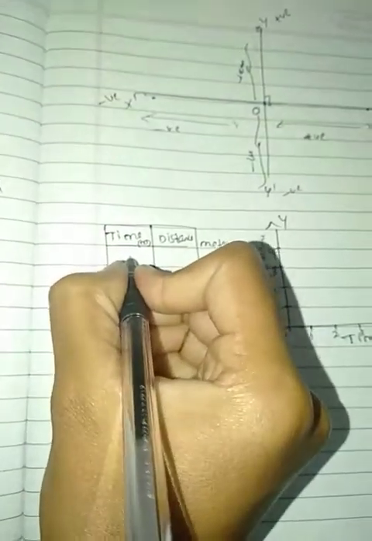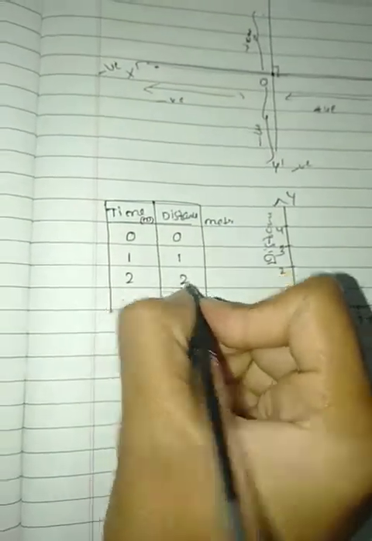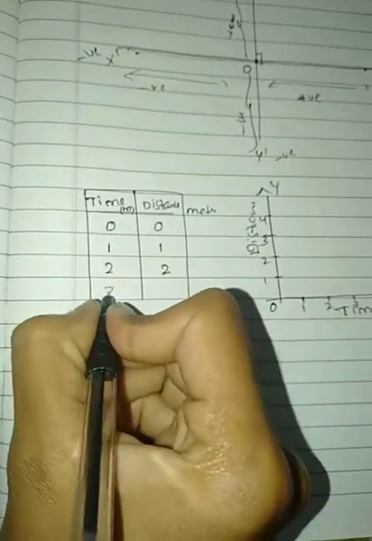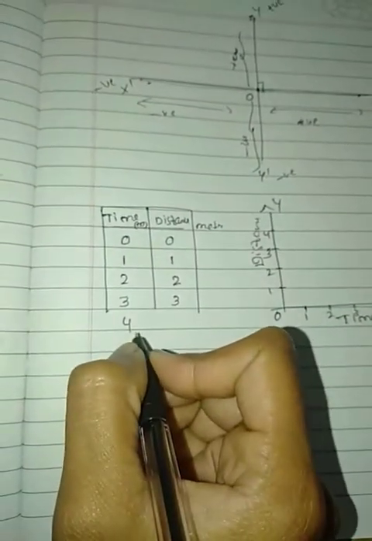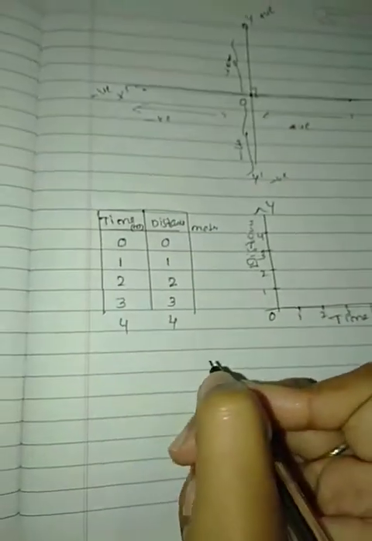Remember that. At 0, the car is at rest, that means distance is 0. At 1 minute, the car covers a distance of 1 meter. At 2 minutes, 2 meters. At 3 minutes, 3 meters. At 4 minutes, the car covers a distance of 4 meters.